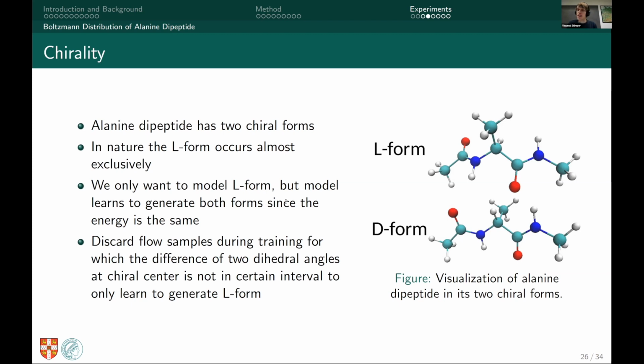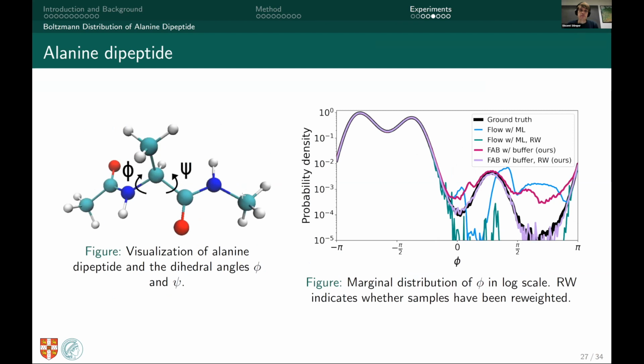So you don't really have to consider this case. However, if you want to train only using the unnormalized density, then a priori the energy won't distinguish between those two chiral forms. You could add some biasing potentials there, but you can also do some heuristic filtering as we did to force your model to only learn to generate one of those two forms.